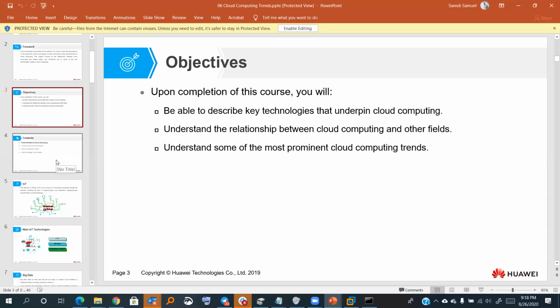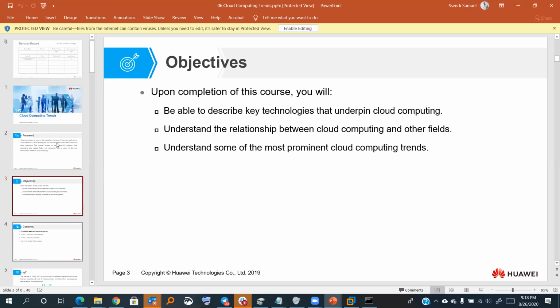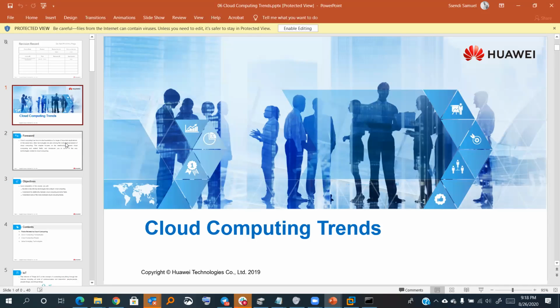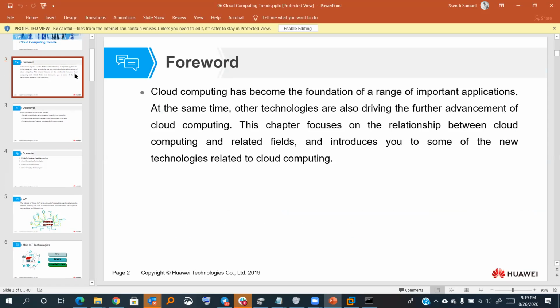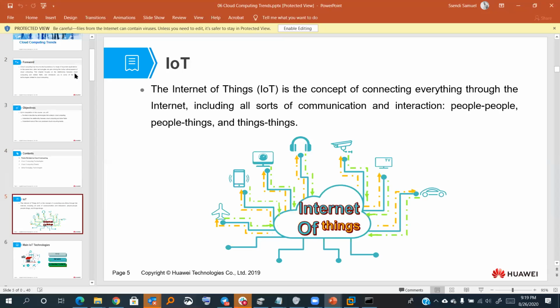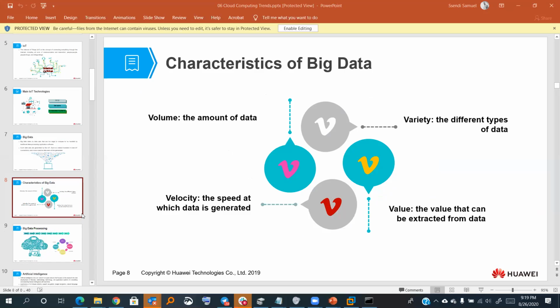Who can lead tomorrow's discussion on cloud computing trends? Cyrus Sumika is going to lead tomorrow's discussion, and attendance is key. I'll be part of the call, but the assignment is you go and read about the trends. This is the easiest chapter about cloud computing trends. They talk about the Internet of Things, big data, and the characteristics of big data.